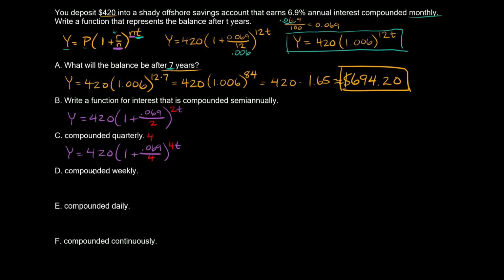What if it was compounded weekly? How many weeks are in a year? There's 52 weeks in a year, right? So then it would just be y is equal to 420 times 1 plus 0.069 over 52, raised to the 52 times t.